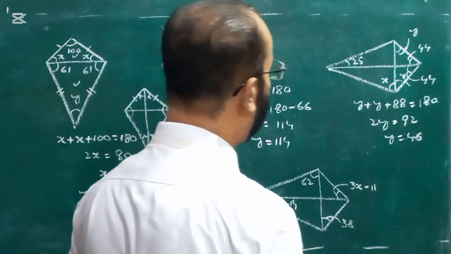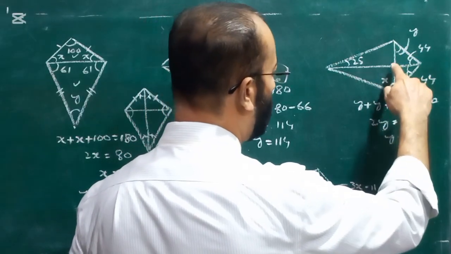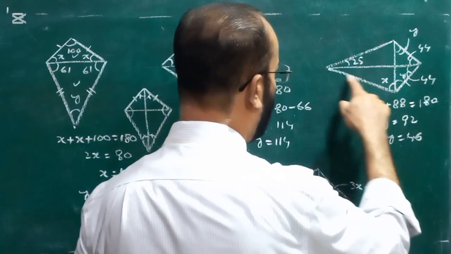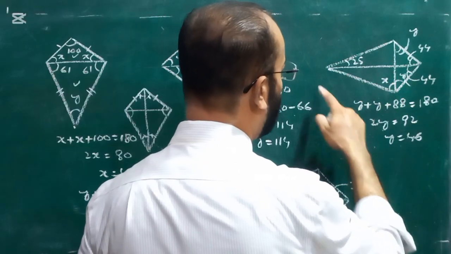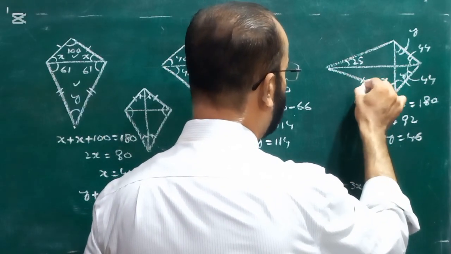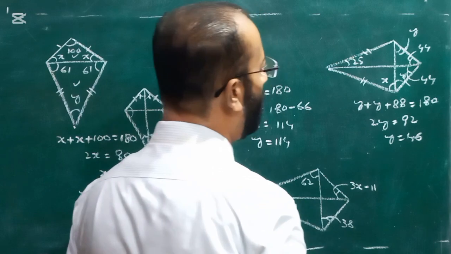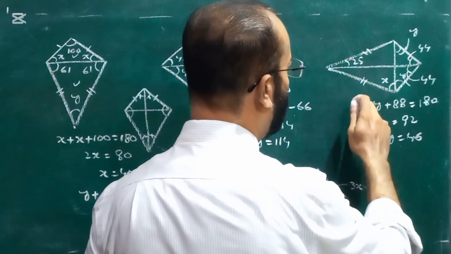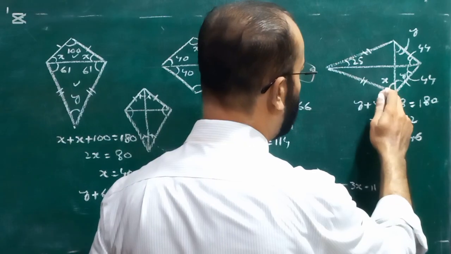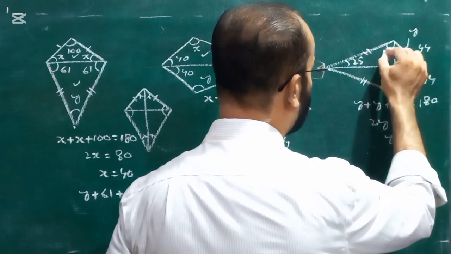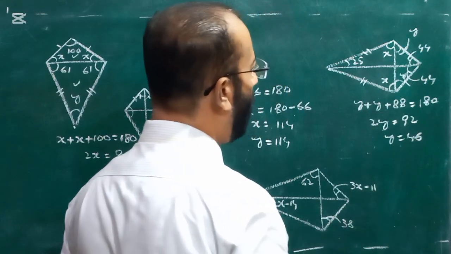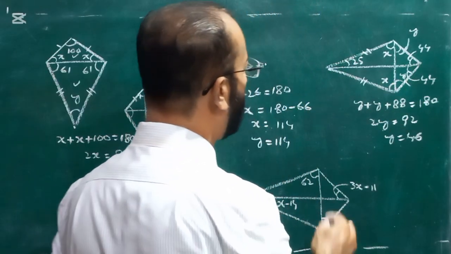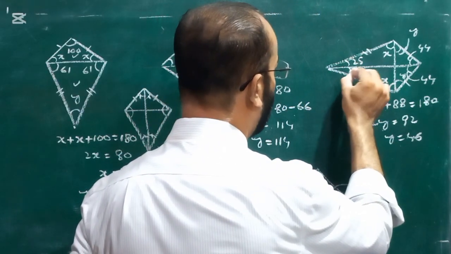Almost the same method will be applied in the lower triangle. So look, now I'm talking about this triangle, the lower triangle of the kite. So these two sides are equal, because in an isosceles triangle, two sides are equal and their base angles are equal. So if this is x, this will also be x, and the longer diagonal bisects the lower angle as well. So if this is 25, this will also be 25.